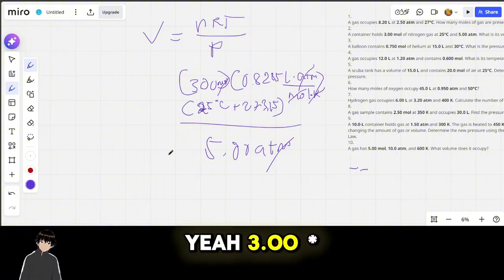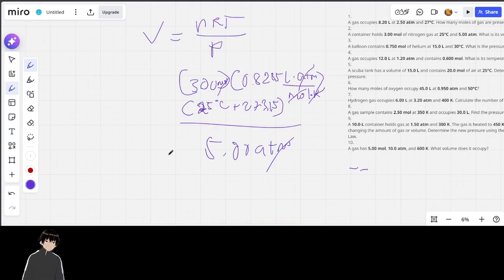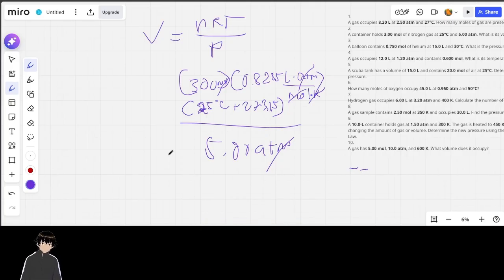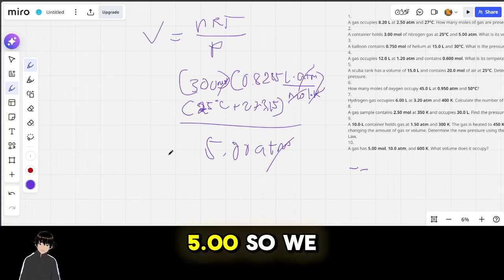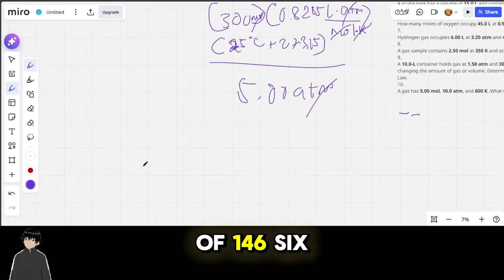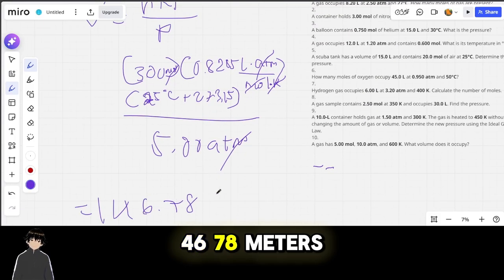Yeah, 3.00 times 0.8205 times 25 plus 273.15 over 5.00. So we have a total of 146.678, 46.78 liters.